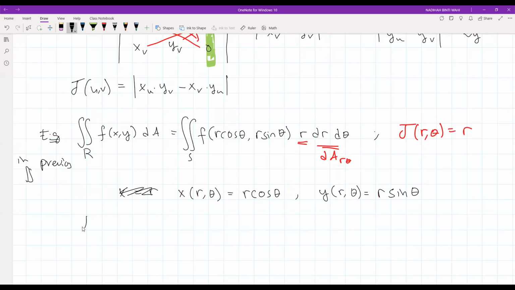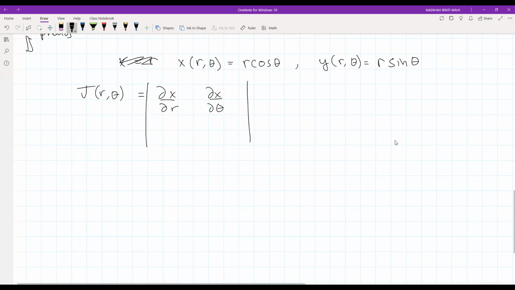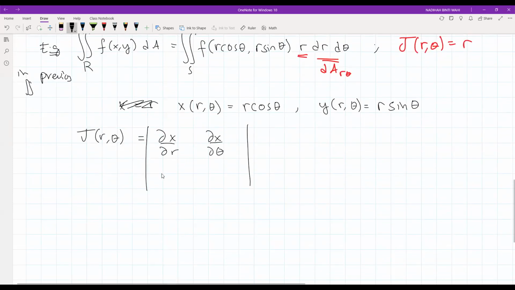So the Jacobian of R and theta is the matrix of partial X in terms of R, and then partial X in terms of theta. Okay, and then the second row is partial Y in terms of R, and then partial Y in terms of theta. So the determinant of that is just what?